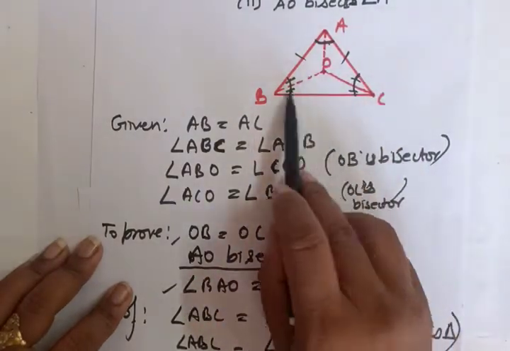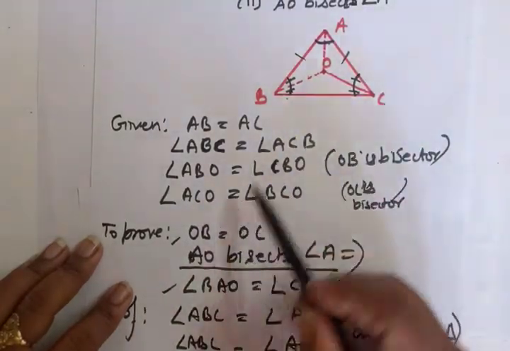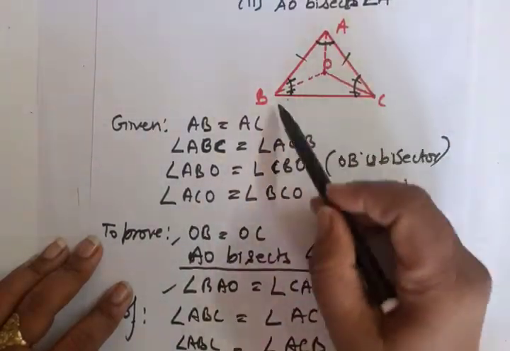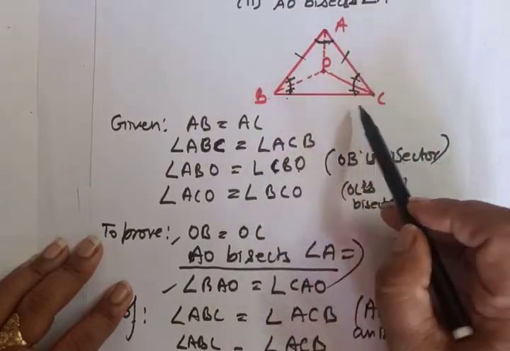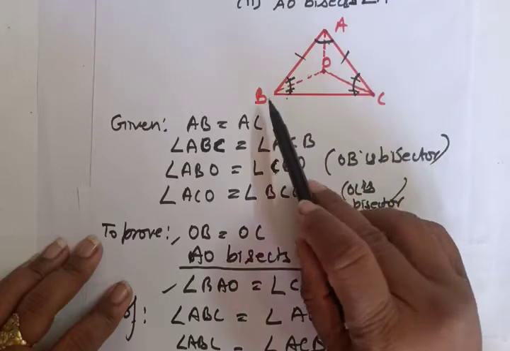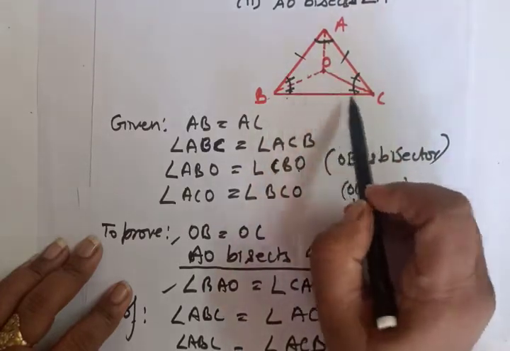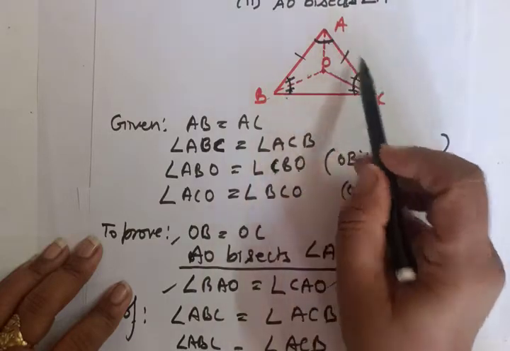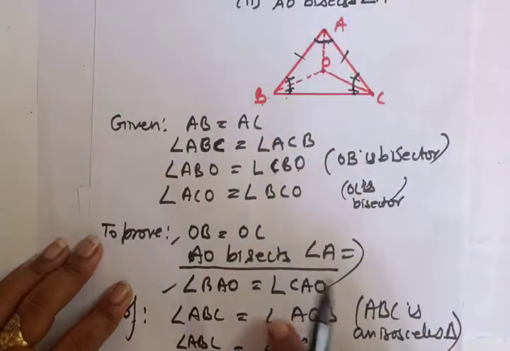Okay, now we are equating. We can't write directly, but we can write half of ABC is angle CBO, and half of angle ACB is angle BCO, this angle. ABC का half क्या है? CBO, this angle, and ACB का half कौन सा है? Angle BCO, this angle.